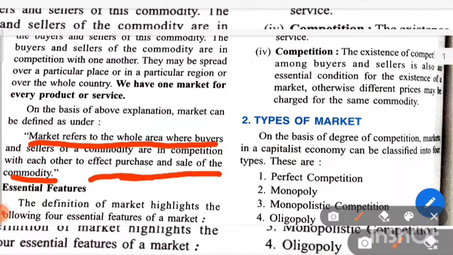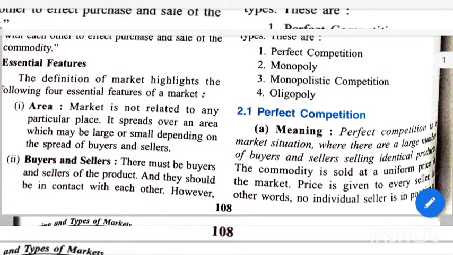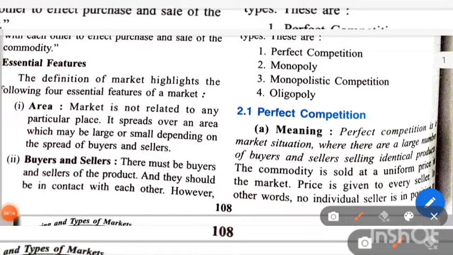So, essential features of a market. Let us discuss the essential features of a market. If a person asks what the essential features are to say that this is a market, there should be a particular area. Now, you can't say that only a large area is known as a market.